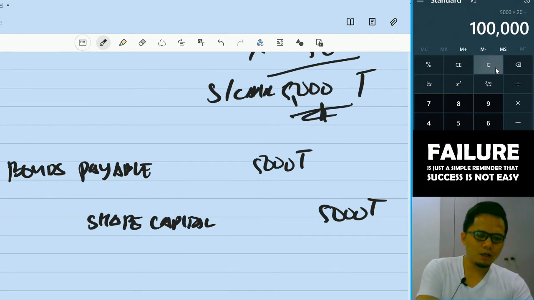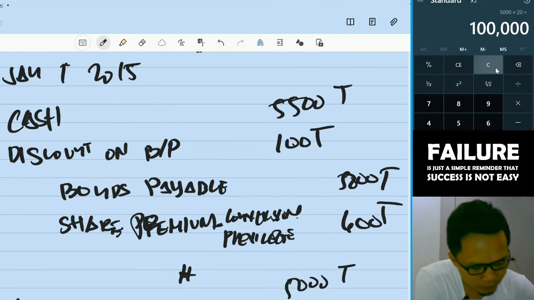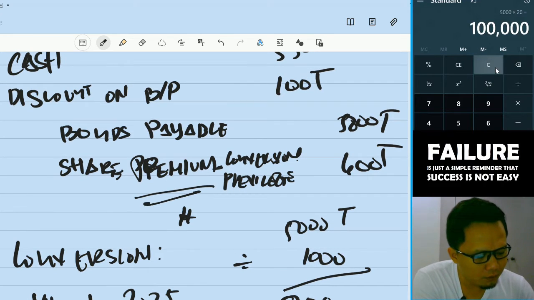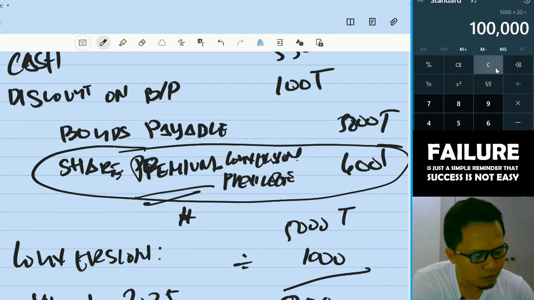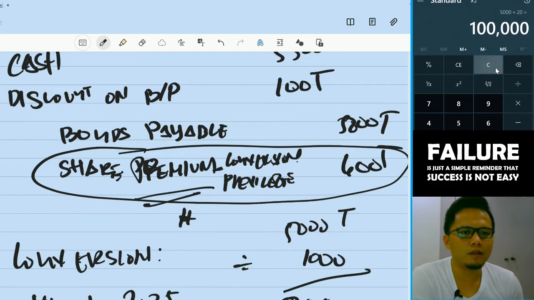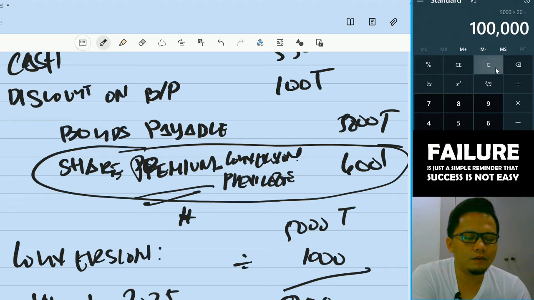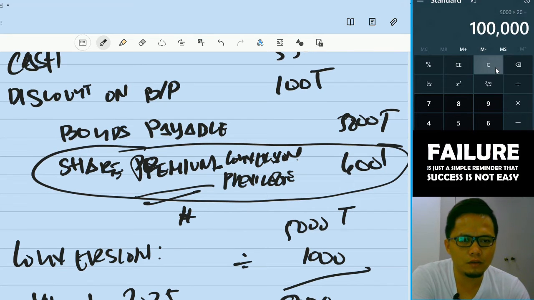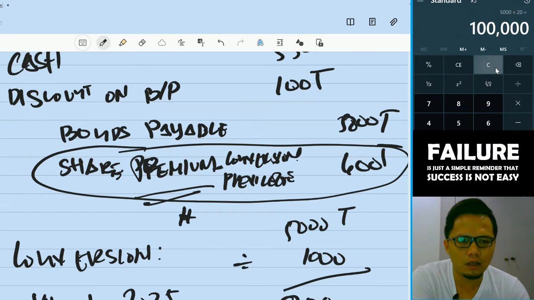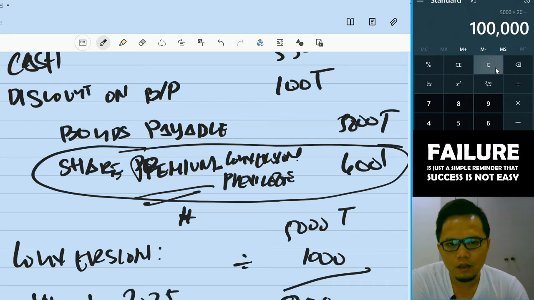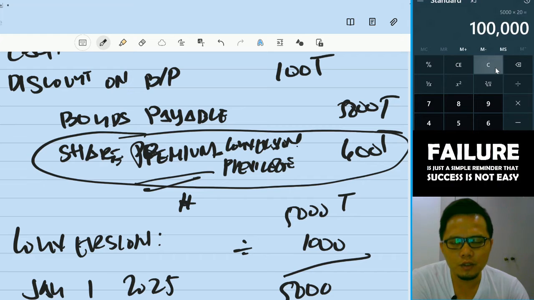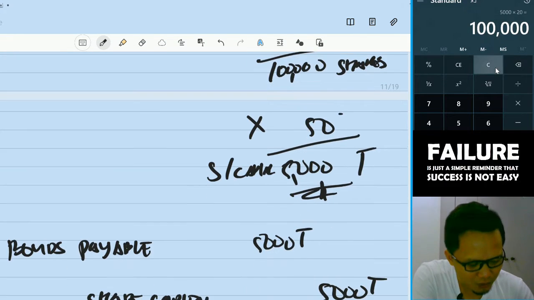Now, ano pa bang kulang dito? Diba, if you may notice, meron tayong 600,000 na share premium conversion privilege. We need to close it and reclassify it to another account, which is still a share premium, but this time, not conversion privilege, but share premium issuance.